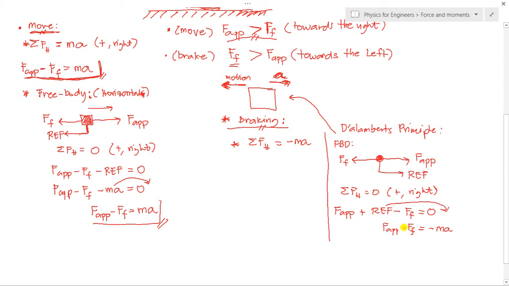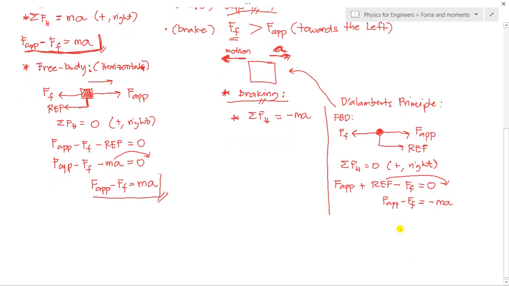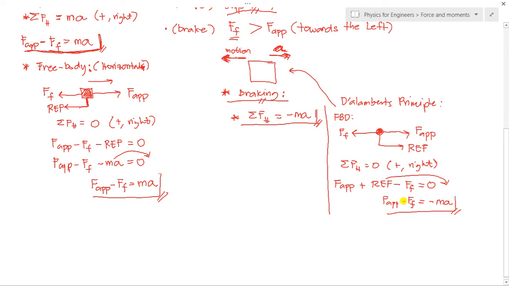Here, class, we can see that it became negative. That's why in our notation, you can notice it is negative here, since it means you decelerate. So in our equation, applied force minus frictional force is equal to negative.